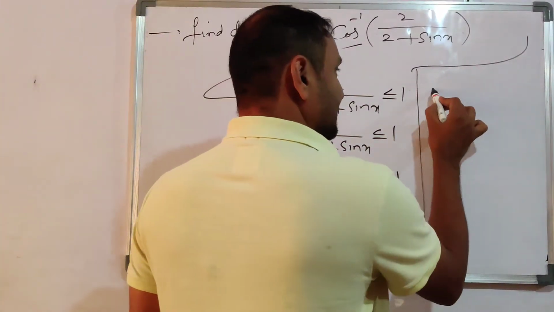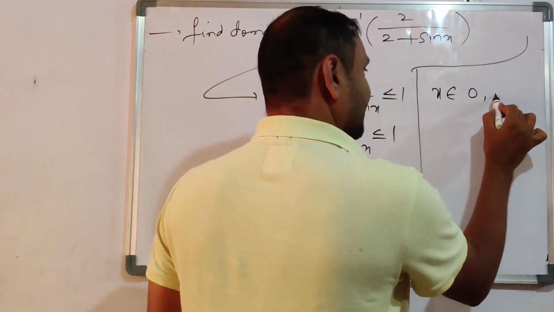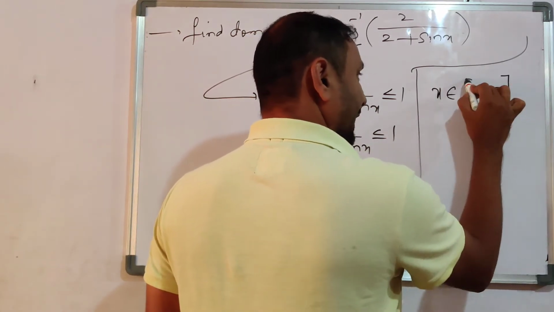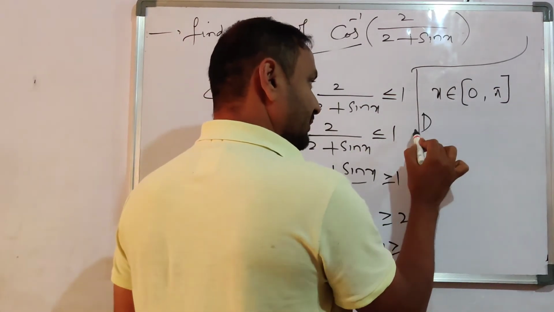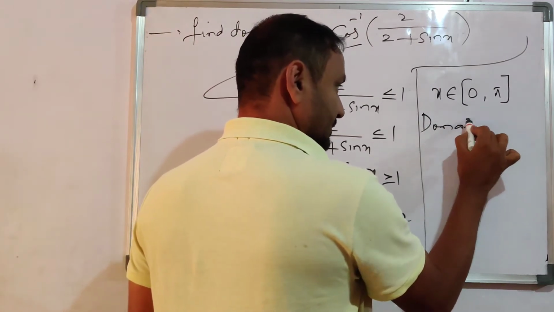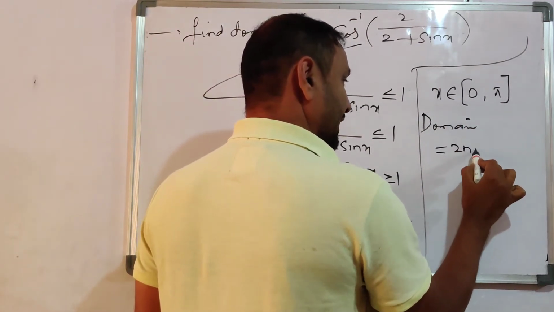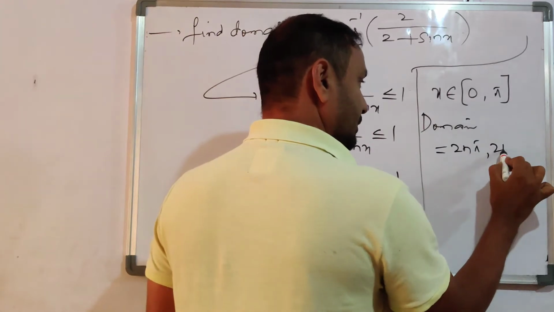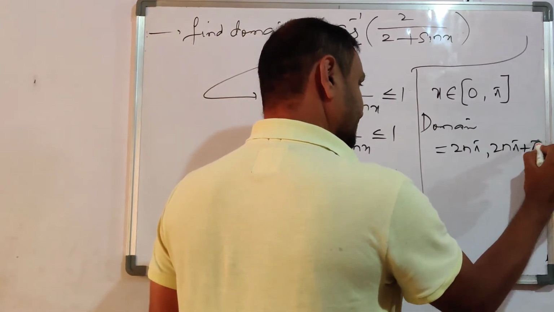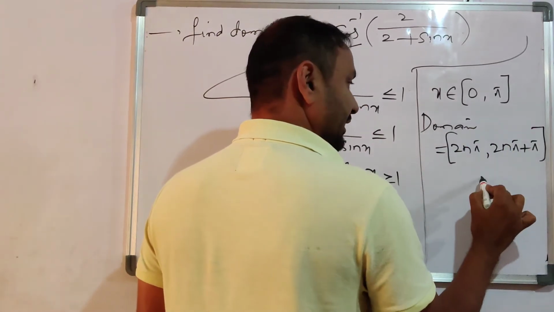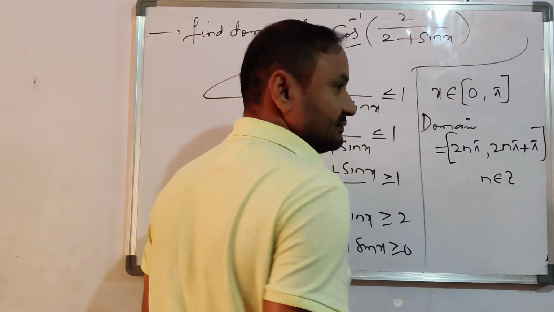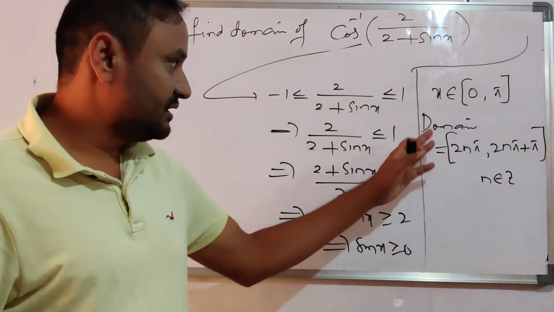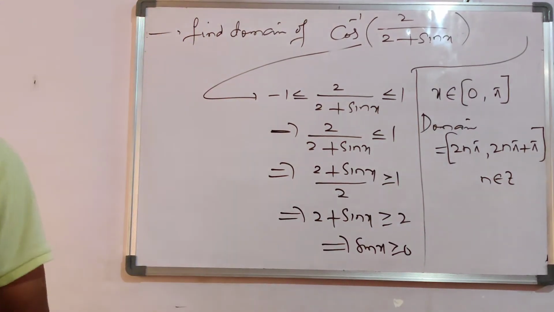That's why x belongs to 0 to pi. But the domain you take is add 2n pi, that is 2n pi to 2n pi plus pi, n belongs to Z. So this is the domain of the given function.